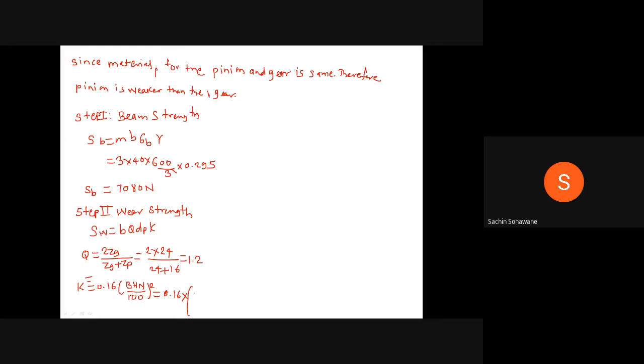What is the value of BHN? 380. So (380 divided by 100) squared. What is the value of K? 2.31. Yes, correct.